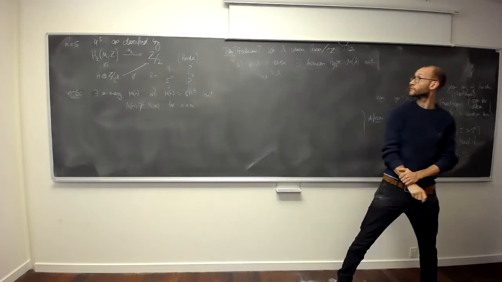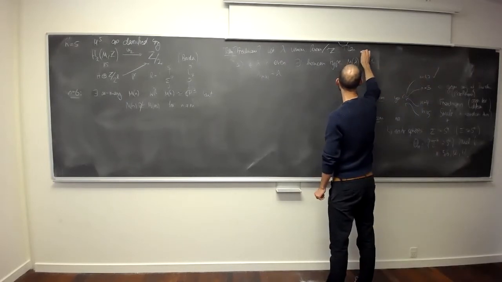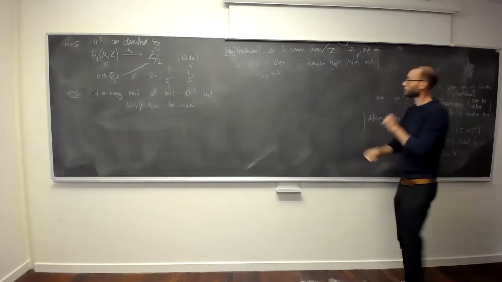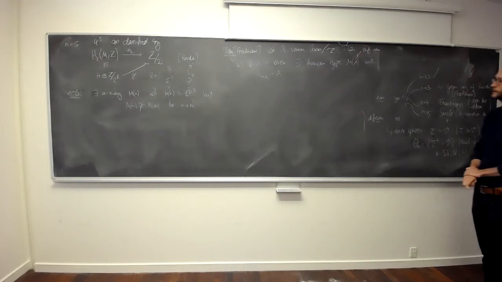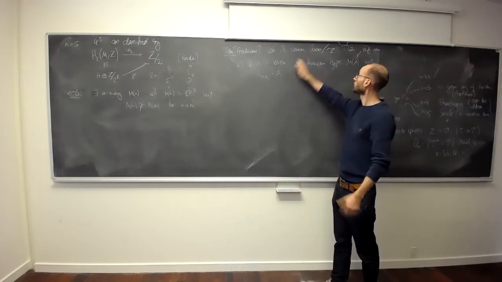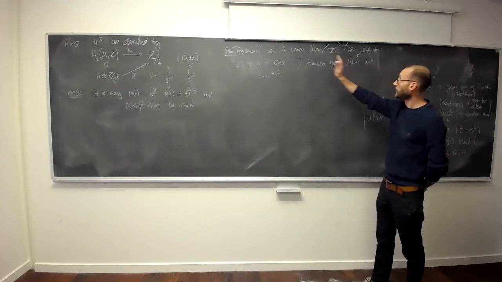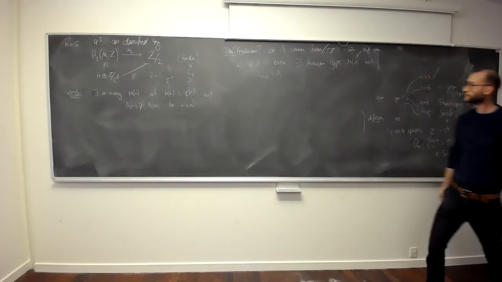Every simply connected four manifold has this nice unimodular form on the middle dimensional homology, just by Poincare duality. Freedman tells you that any such even form is realized by precisely one homeomorphism type of a manifold.